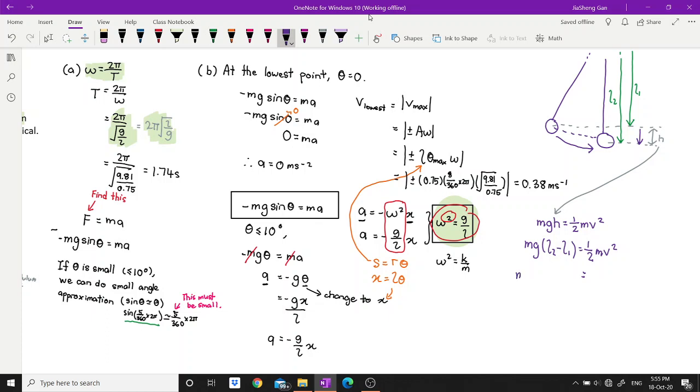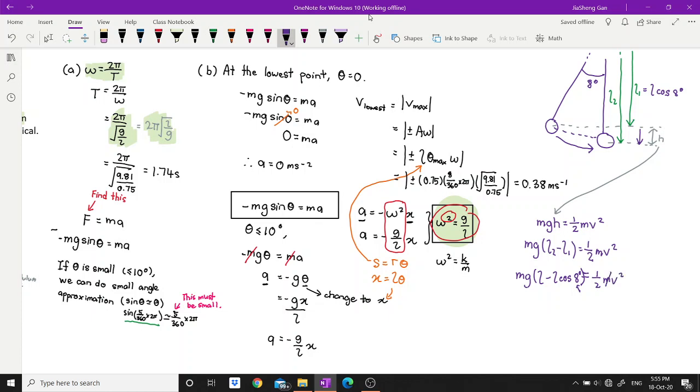Length 1, this is the angle here, which is 8 degrees, so this length 1 is actually L cos 8 degree. So this will be mg(L minus L cos 8 degree). Now this is in degree, so be careful with the conversion later in your calculator.